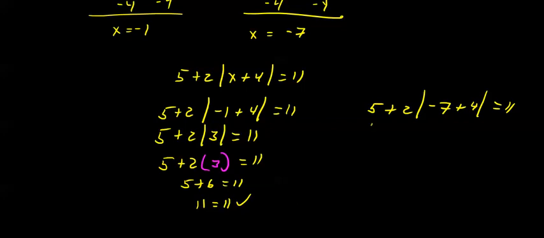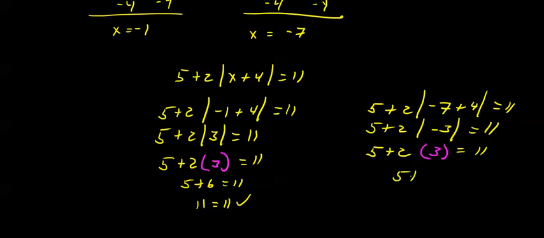All right. 5 plus 2 times the absolute value of negative 3. The absolute value of negative 3 is a positive 3. 5 plus 6, and 11 equals 11.